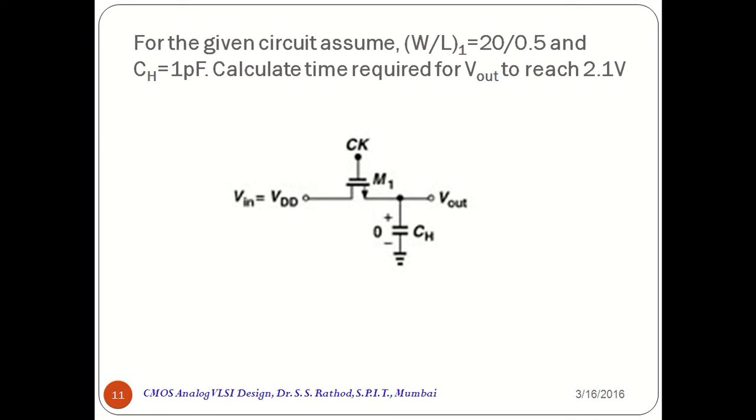Now for this given circuit, assume W by L of M1 as 20 by 0.5 and CH as 1 picofarad. Calculate the time required for Vout to reach 2.1 volts.